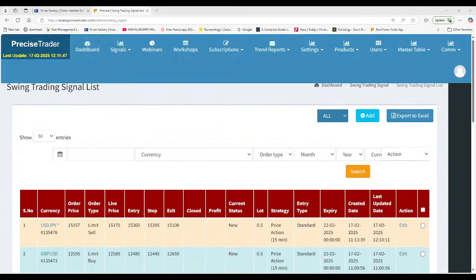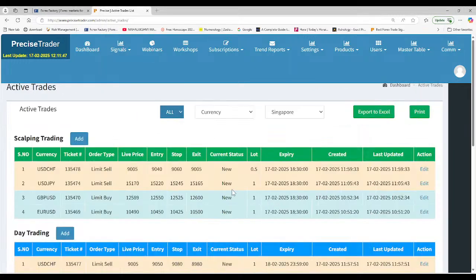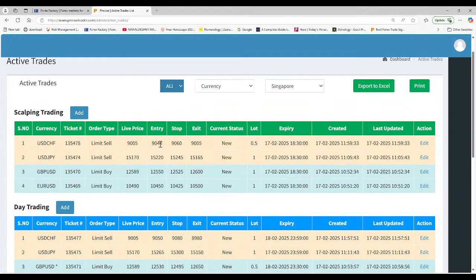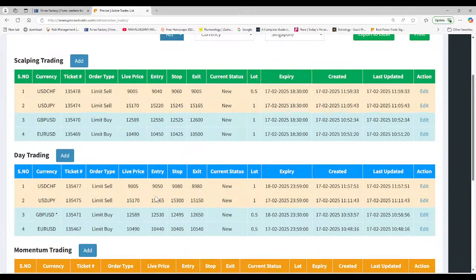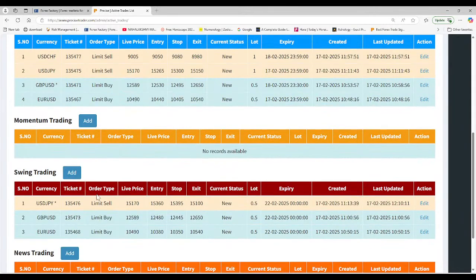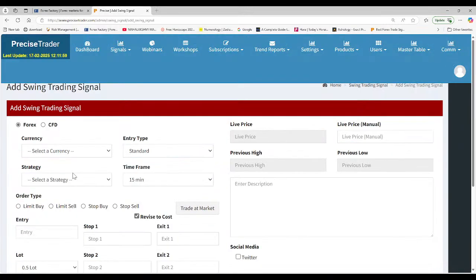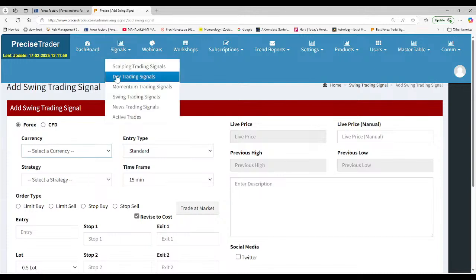So with that, okay, let's see. I think we have created a sell at 90.40 and 90.50. This is on the day trading. So for the swing trading, I think we'll try to go for a sell near 91.